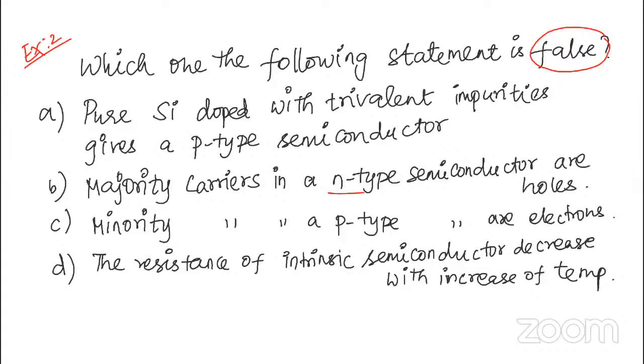For the N-type, the majority carriers are electrons, but what they have given here is holes. So that is the wrong one. So option D is the right one. Are you able to follow?